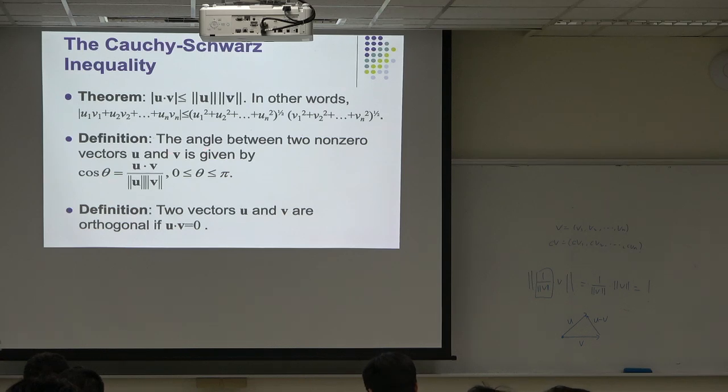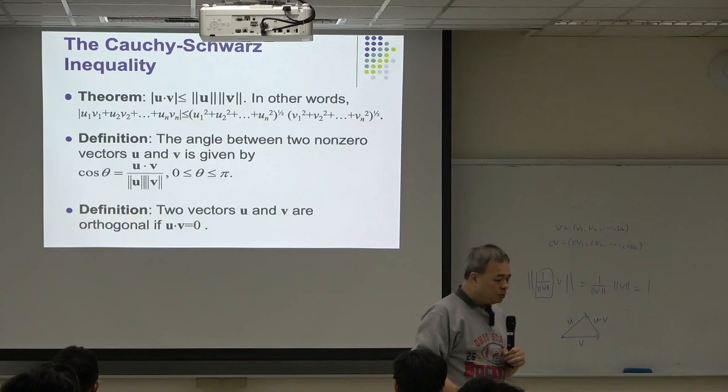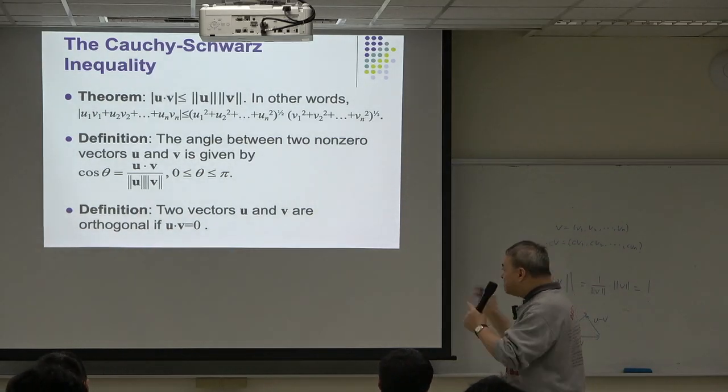by this one. So this is the definition. From this definition you can get, as I said, the Cauchy inequality, and you can also use this to show the degree between two vectors.